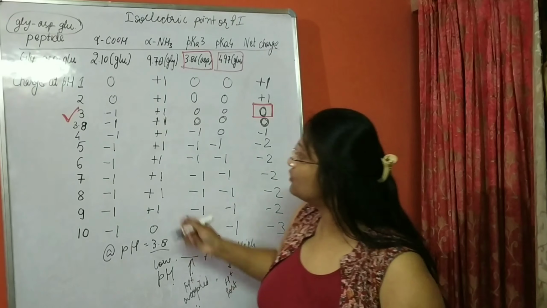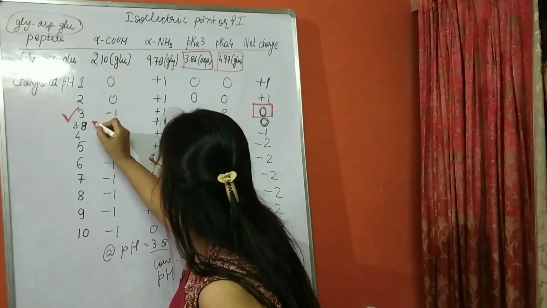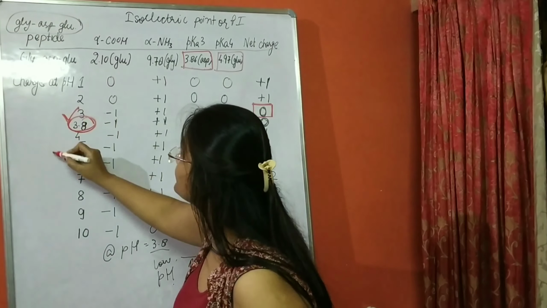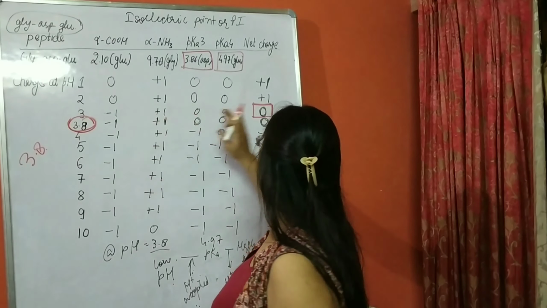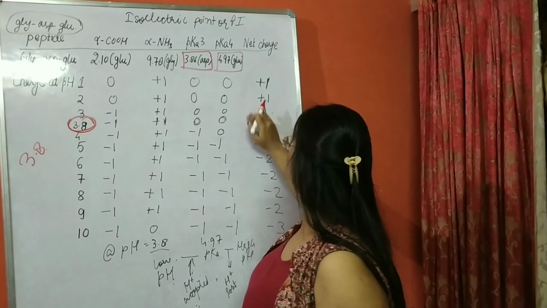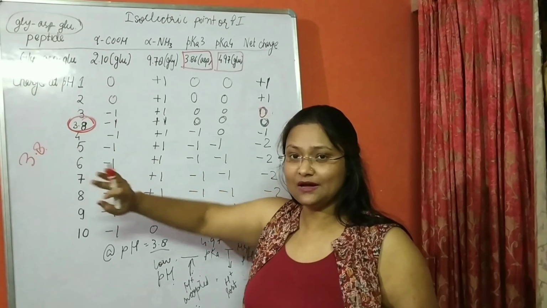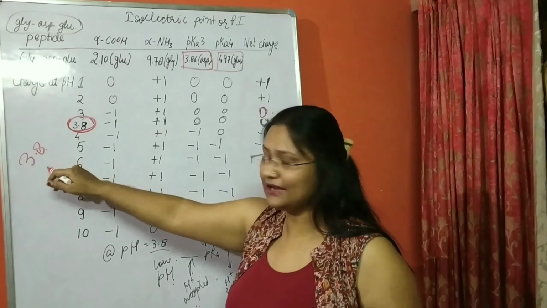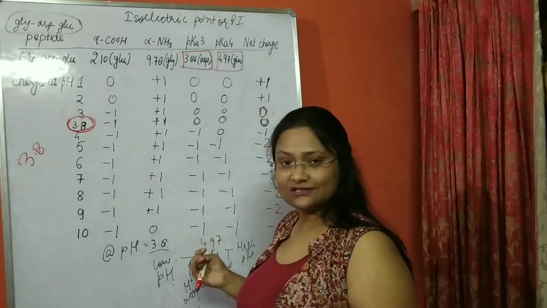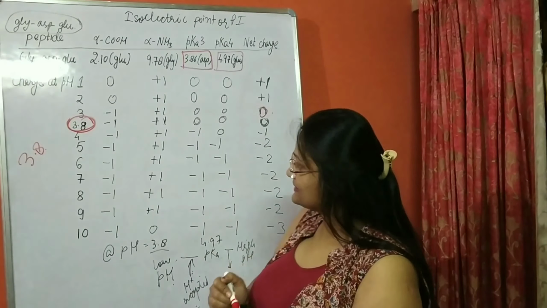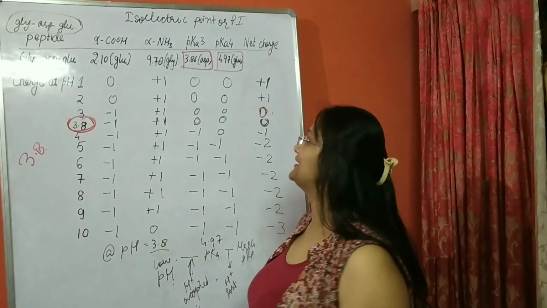That means the closest value at which the net charge is 0 is pH 3.8. This is the pH we are looking for. pH 3 also gave us an idea of the approximate pH, but 3.8 is much closer, where the net charge is approaching 0. Now we will consider the pKa's which are closest to 3.8.